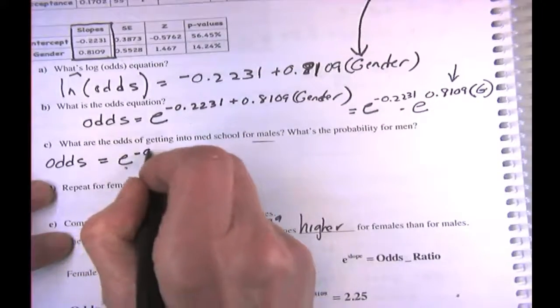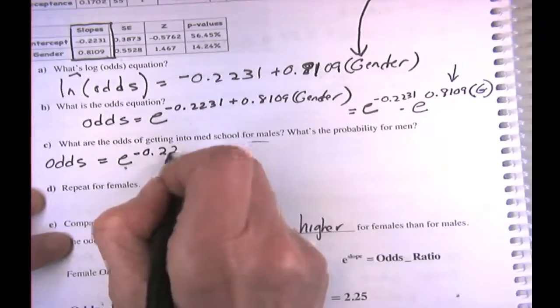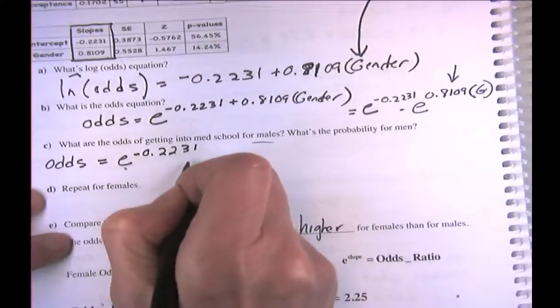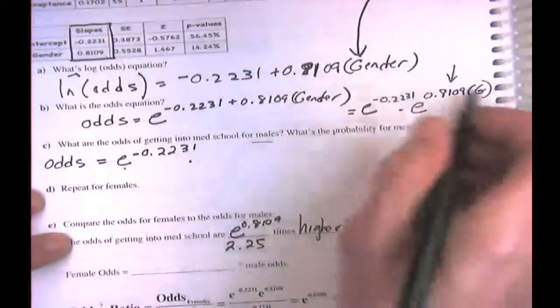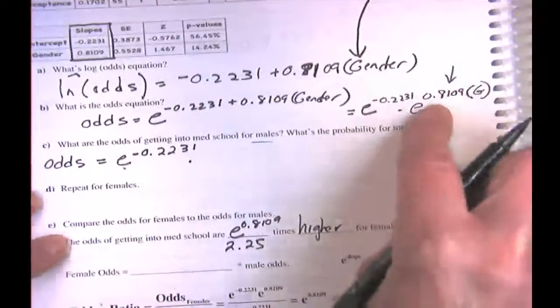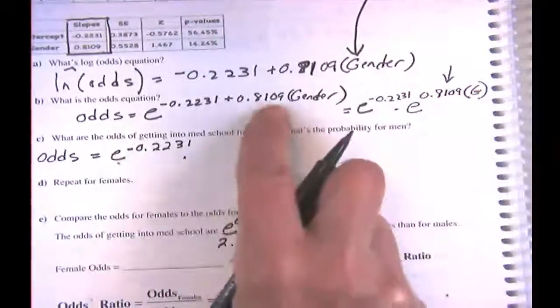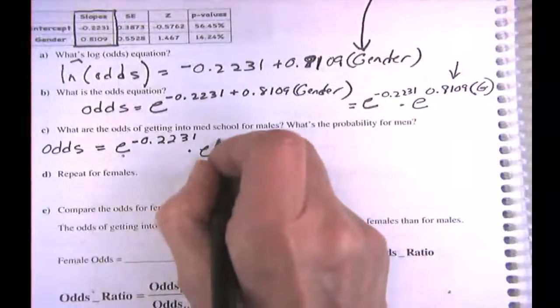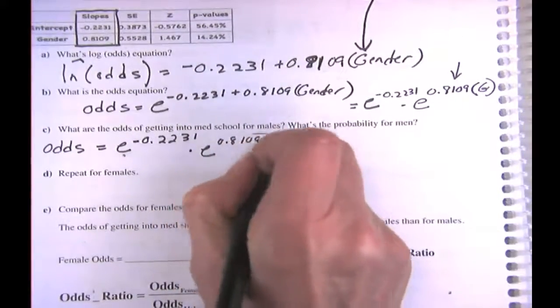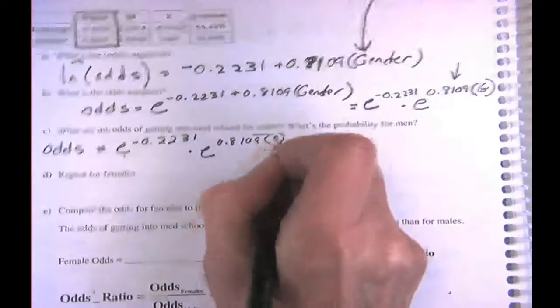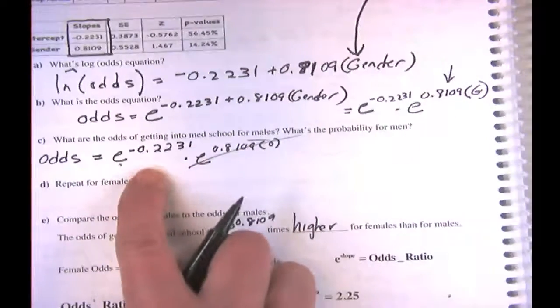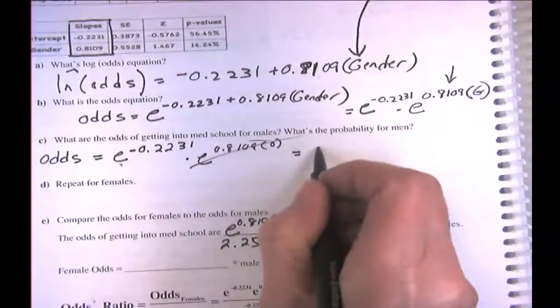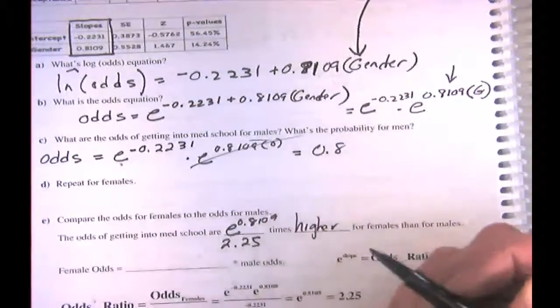So here's the two comparisons. When you multiply here, it's going to be 1. Or if you put a 0 in here, same difference. It doesn't matter. So we'll say e to the 0.8109 times 0. So that's multiplying by 1. That's the odds for men. And that is 0.8. Okay?